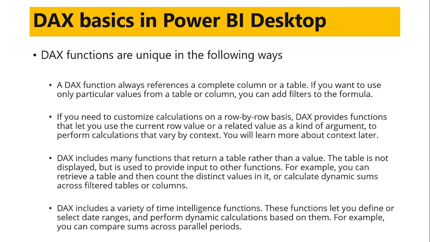DAX also includes a variety of time intelligence functions, which will let you define or select date ranges and perform dynamic calculations based on them. For example, if you want to compare sums across parallel periods, a DAX function is a kind of tool which will help you calculate on the fly when you select a particular slicer.